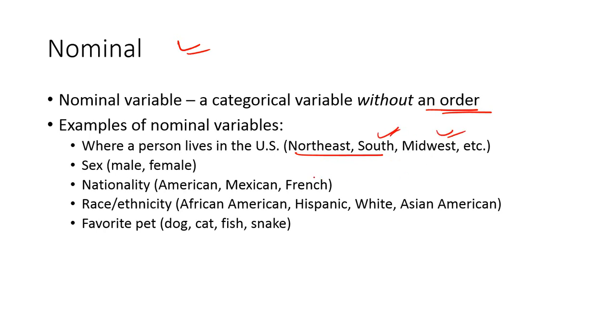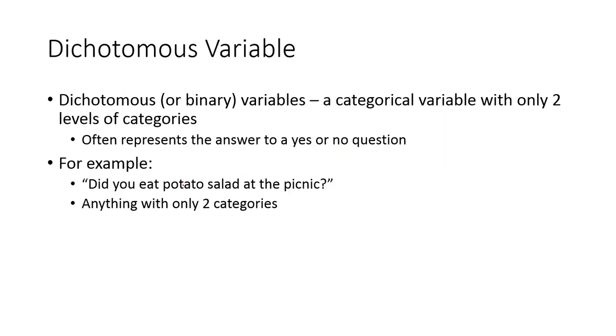We cannot order or quantify somebody's state or region. Similarly, sex: it could be male and female, and it cannot be quantified. Nationality: American, Mexican, French are all values which cannot be put into an order. So these are examples of nominal variables.